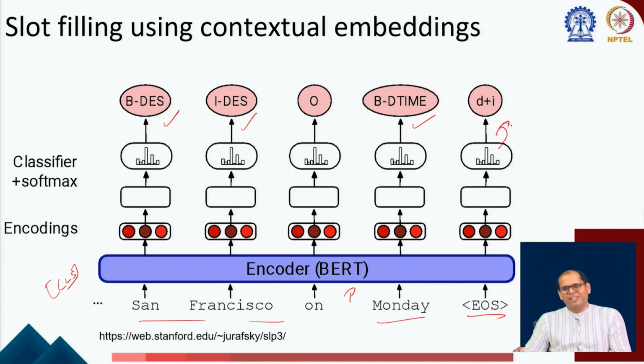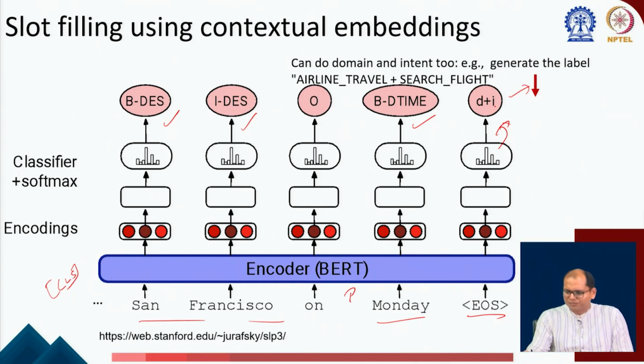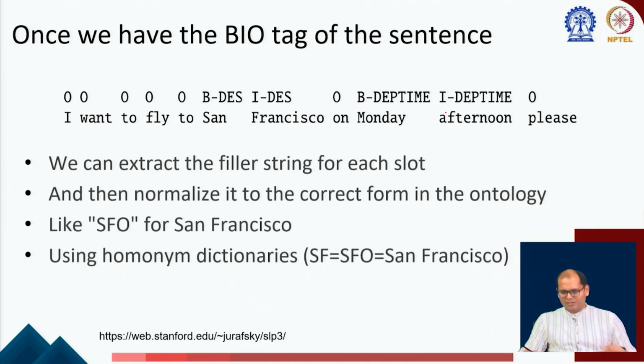So you can have multiple variations of how you want to do that. You can actually do all the prediction using a BERT kind of architecture. While we are doing the slot filling, you can also do the domain and intent. So this is the label: airline travel is the domain and search flight is the intent that I am trying to get from this sentence.